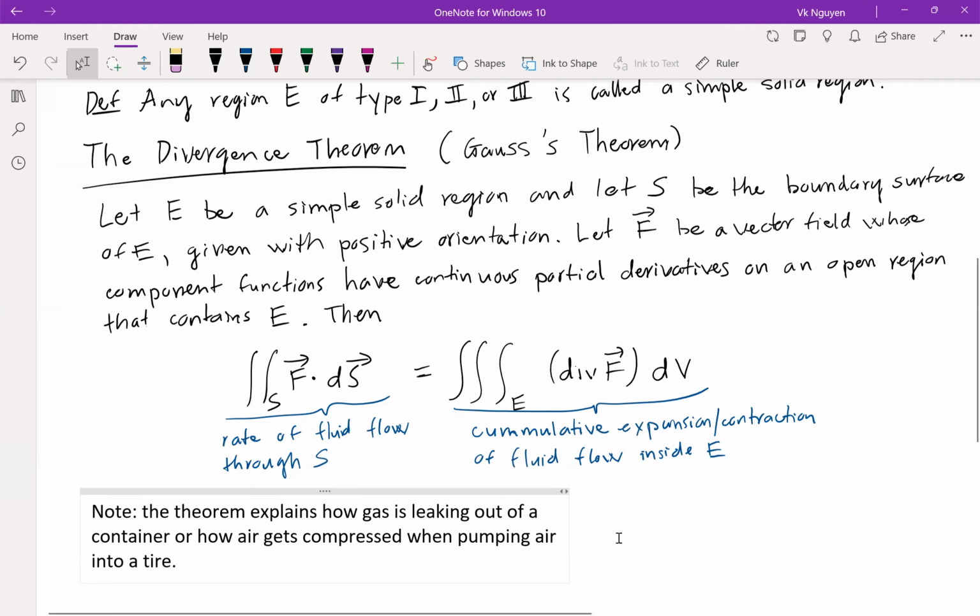Or just how, when the car is rolling, the air gets compressed.